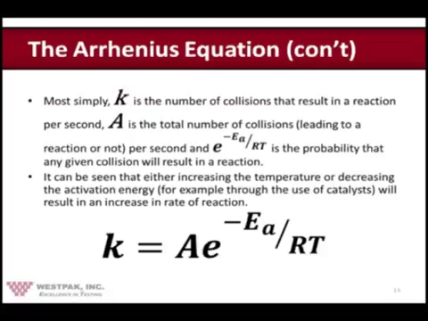Kind of interesting. Well, you can see that this equation is based on temperature, and that increasing the temperature or decreasing the activation energy, for example, by means of a catalyst, will result in an increased rate of reaction.